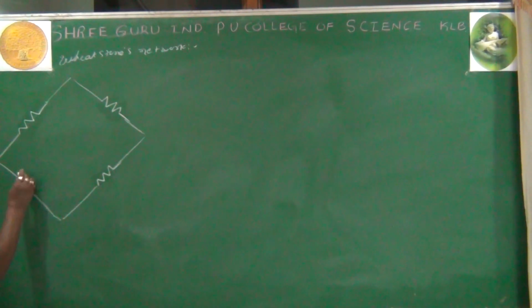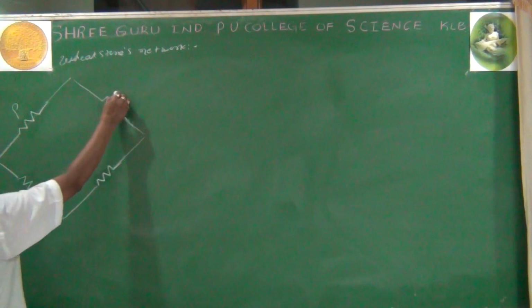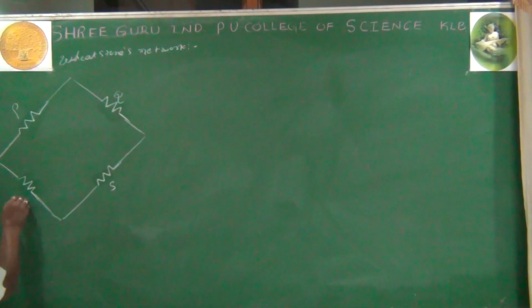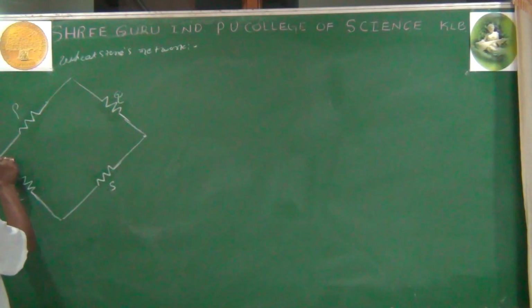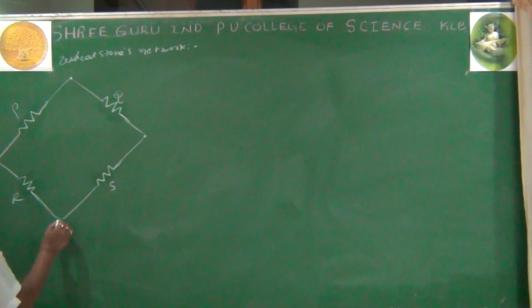Now he has named the resistances P, Q, S, R in cyclic order. These are the diagonal points, and these are also the diagonal points.